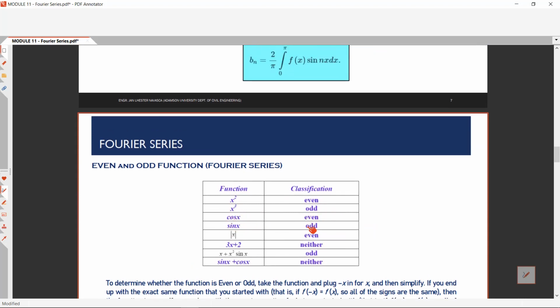Sine x, that is odd function. Okay, absolute value of x, that is even function. 3x plus 2, a linear function, that is neither even nor odd. Or x plus x squared sine x, that is an odd function, or sine x plus cosine x, neither odd nor even.